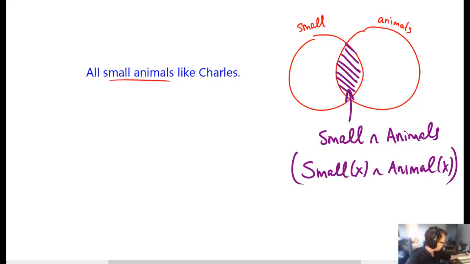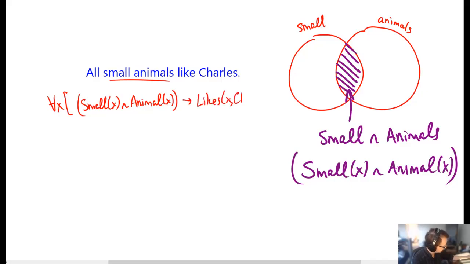When we say all small animals like Charles, we could say for all X, if X is a small animal, so if X is small and X is an animal, then X likes Charles. In other words, we treat adjectives and the noun they're associated with as a bunch of conjunctions.